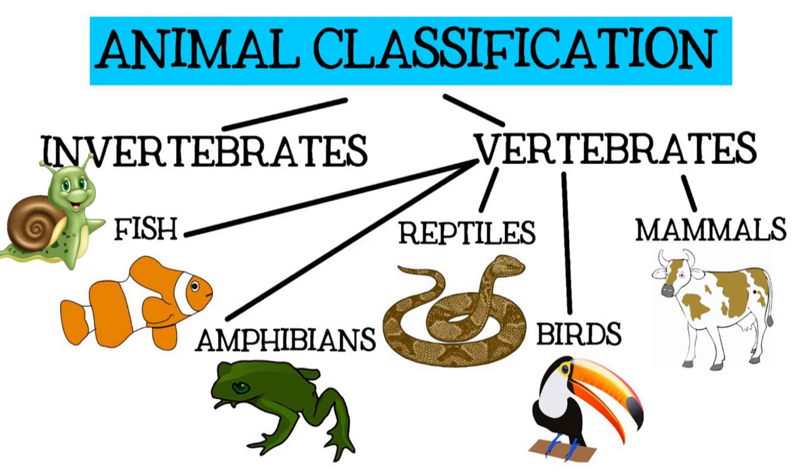For example, aquatic animals like fish; amphibians, animals which live in water and also on land, for example, a frog is an amphibian; reptiles, animals which crawl, for example, a snake is a reptile; and birds, and also mammals, for example, a cow.